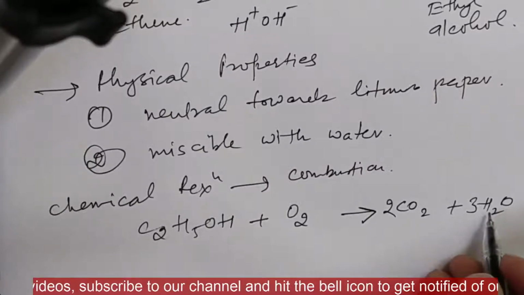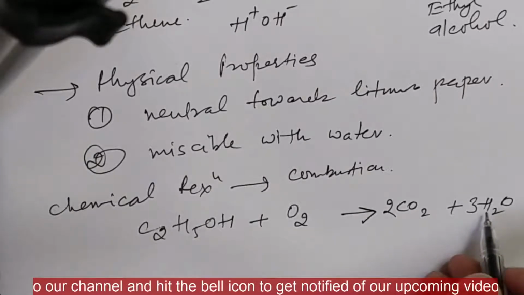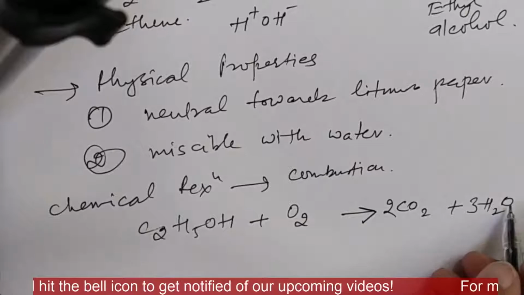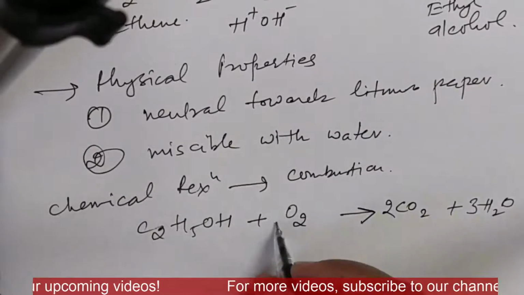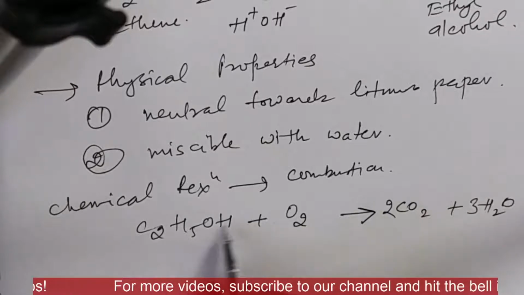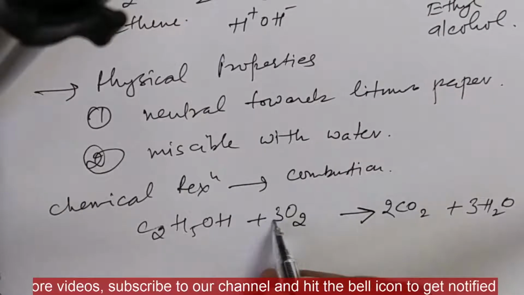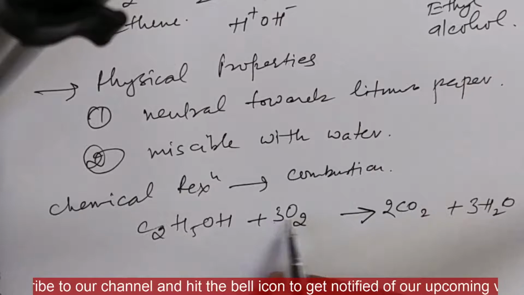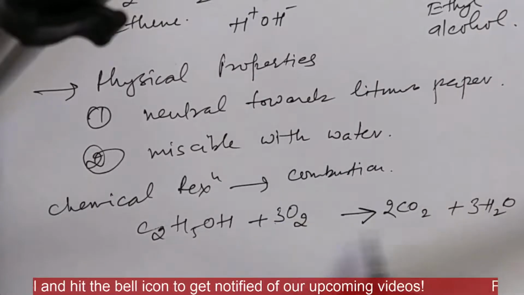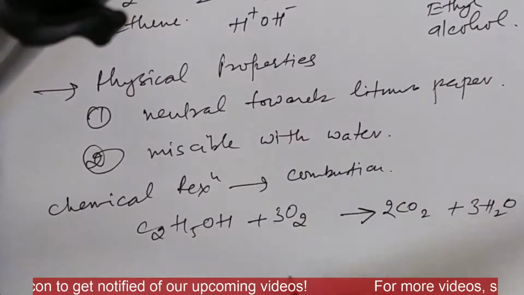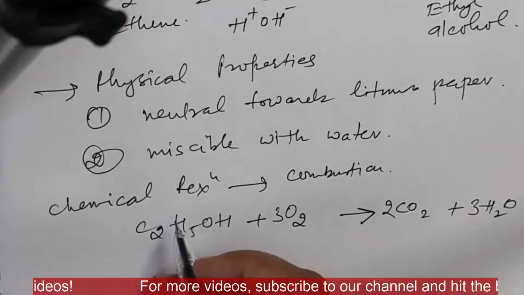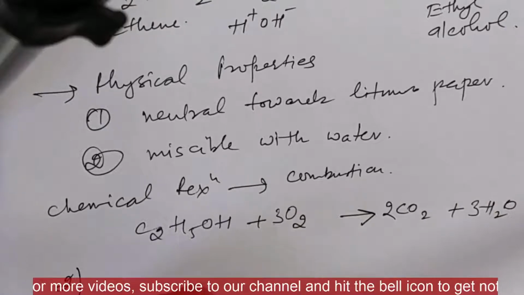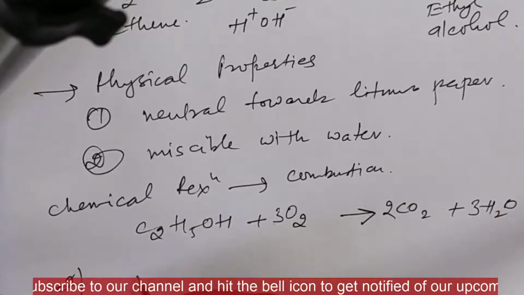Now count the total number of oxygen atoms on the right hand side, 7, so multiply here with 3, total 6 plus 1, and both sides are balanced in terms of carbon, hydrogen and oxygen. The complete equation is balanced here. The next important chemical reaction is with sodium metal.